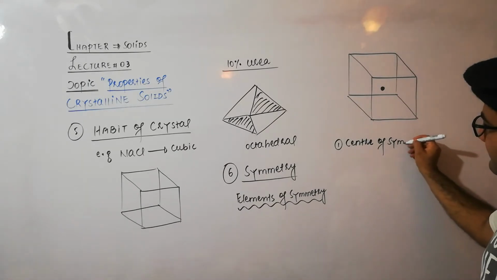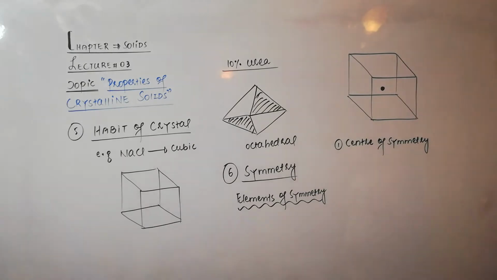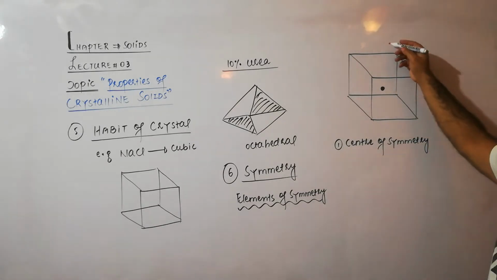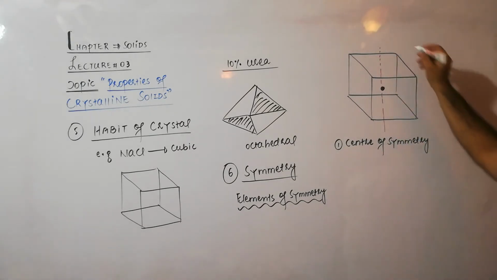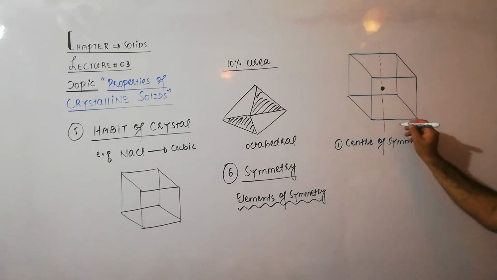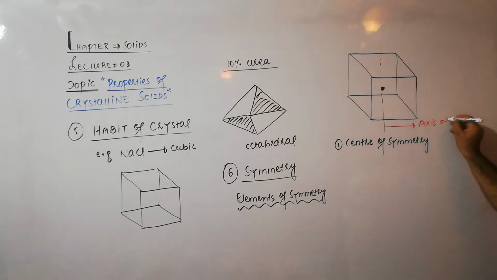So the first element is the center of symmetry. Now the second one: there is an axis which passes through this center of symmetry, and this axis is called the axis of symmetry. And this one is the second element of symmetry.